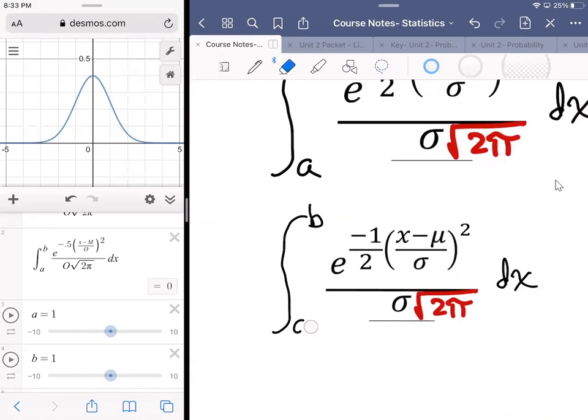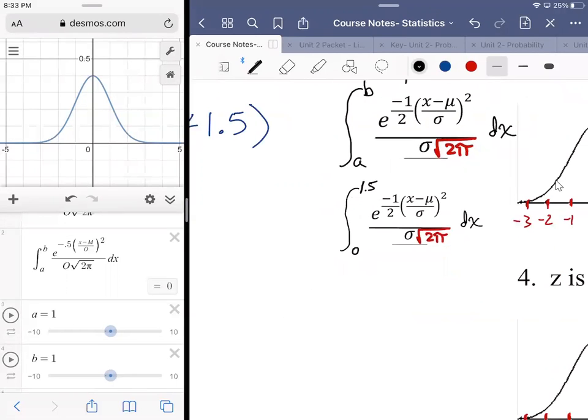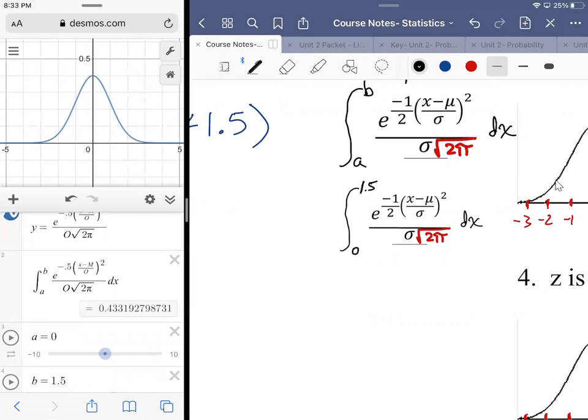We're going from 0 to 1.5. So my a value would be 0, and my b value would be 1.5. And as a result, because this integral is your area, we get about 0.433.